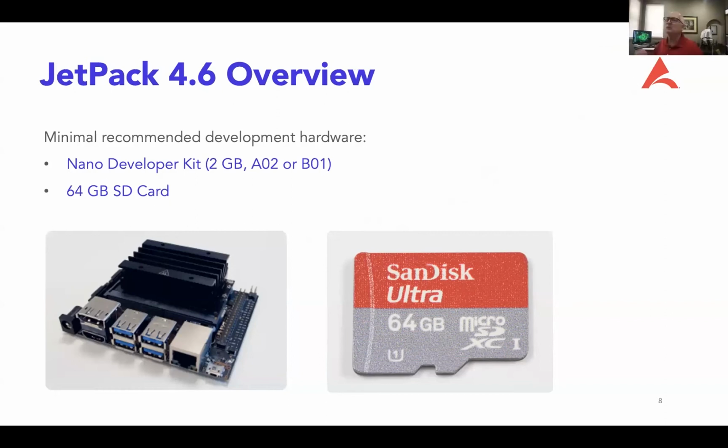Just depends on what speed you want to run things at, how many CSI cameras, and so forth. So you can either choose a 2 gig all the way up to the B01. The B01 is what they call the system on a module is based on. So if you buy a Nano SOM, which we're giving away today, that's based on the B01 platform.